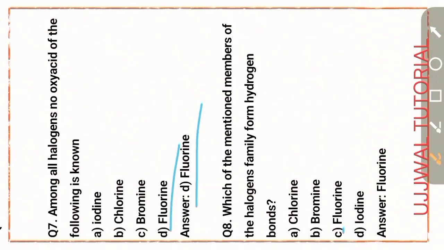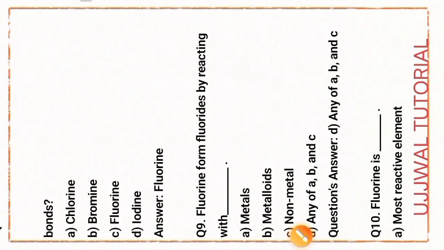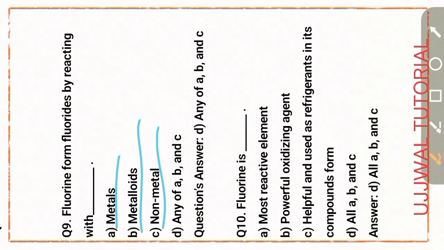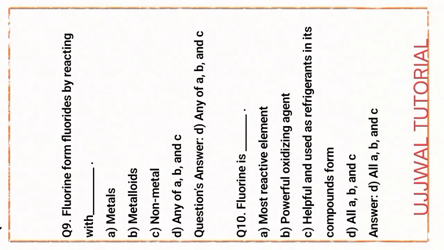Fluorine is the right answer, option C. Next, question number 9. Fluorine forms fluorides by reacting with metals, metalloids and non-metals. Option D is the right answer.